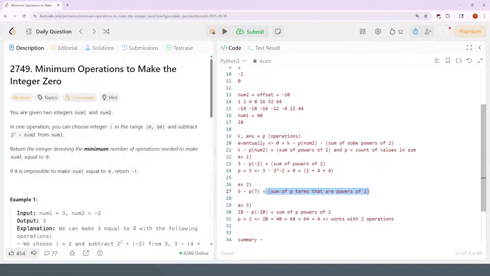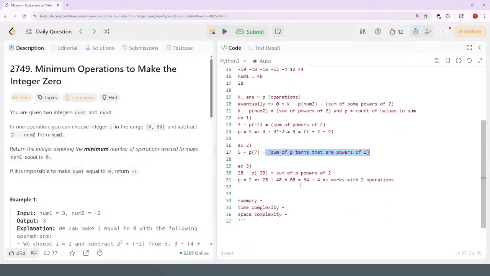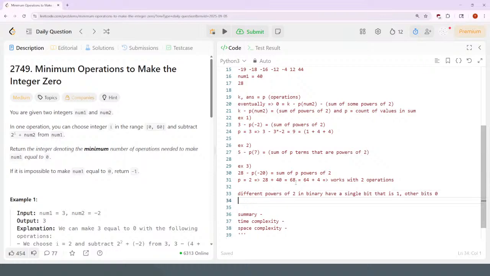So, if I think in binary, powers of 2 in binary, or say different powers of 2, have a single bit that is 1, other bits are 0.